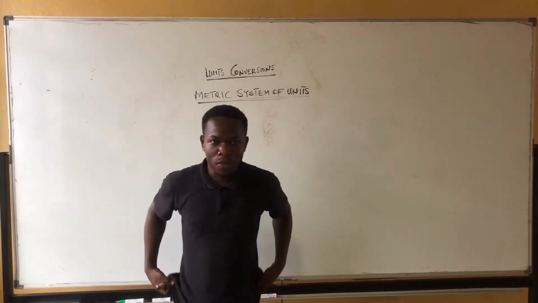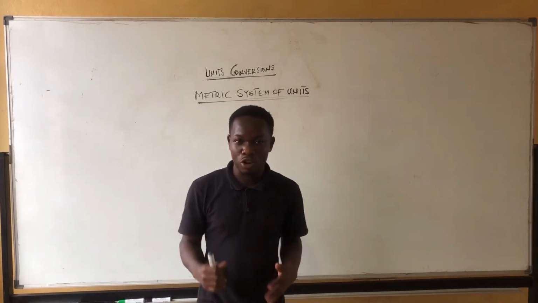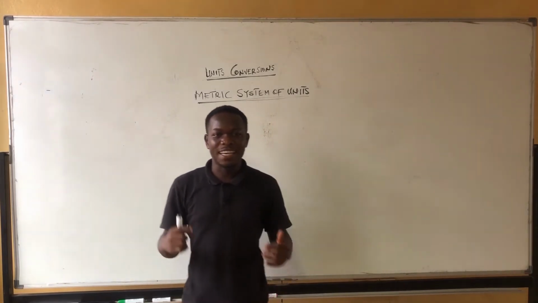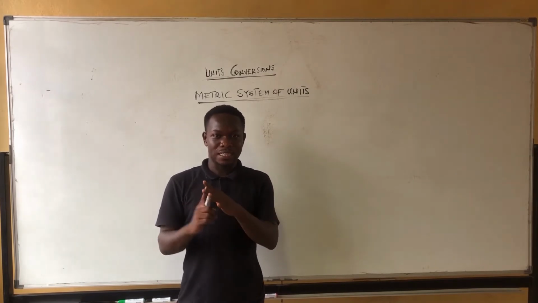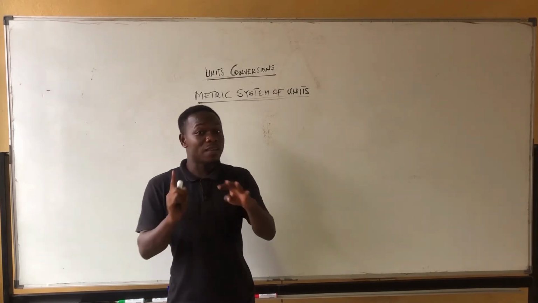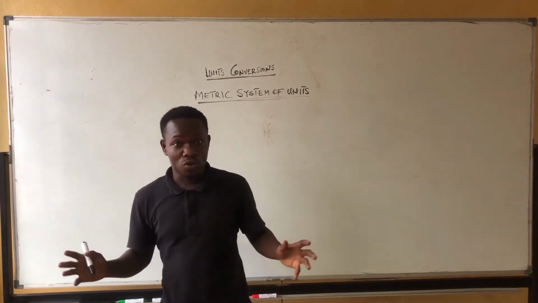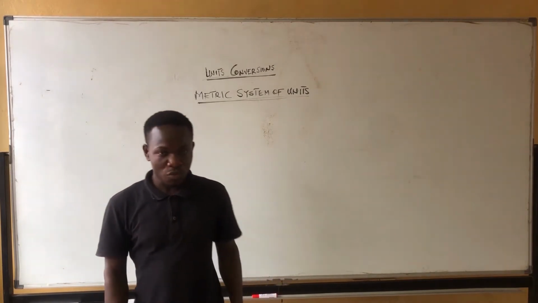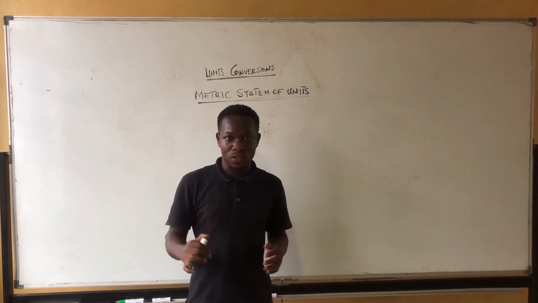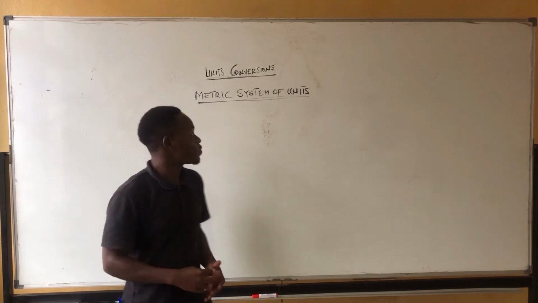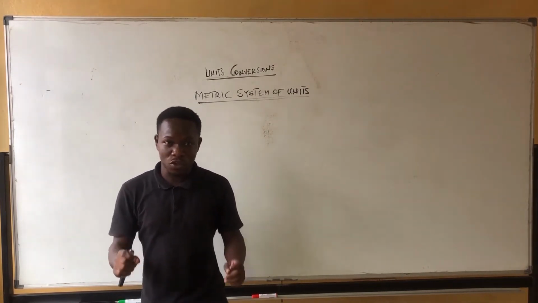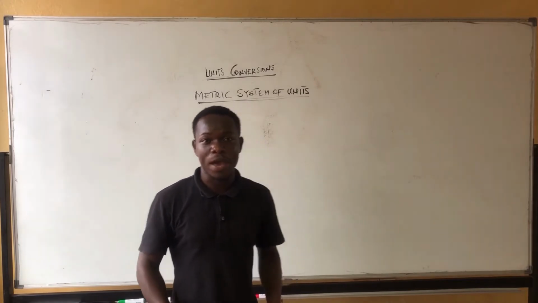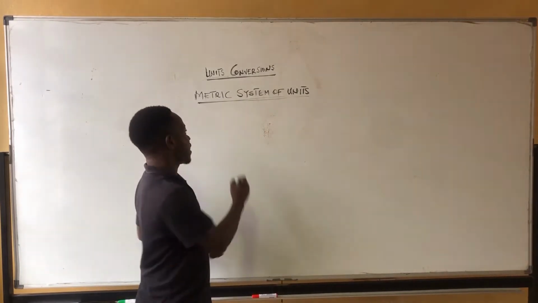Now, in the metric system of units, there are a lot of units as well. For example, if you take length alone, we have the meter, the centimeter, the decimeter, the kilometer, the millimeter, and so forth. To ensure consistency in scientific tests, scientists have agreed to use a standard unit, a base unit, and those base units are what we call SI units.